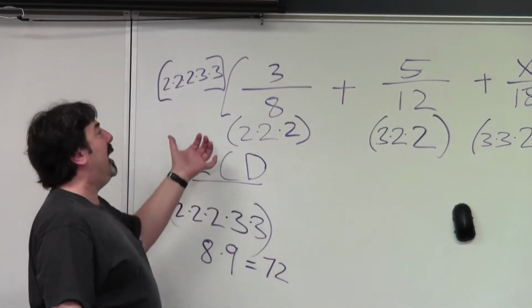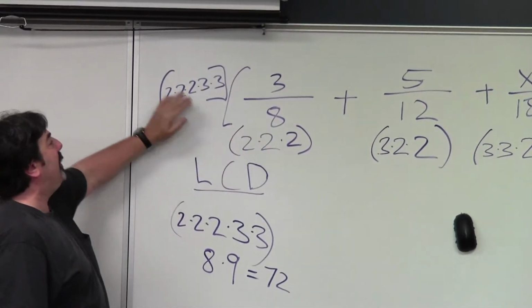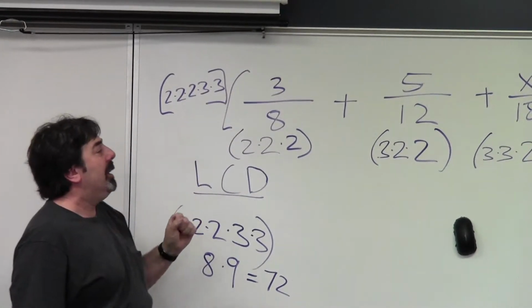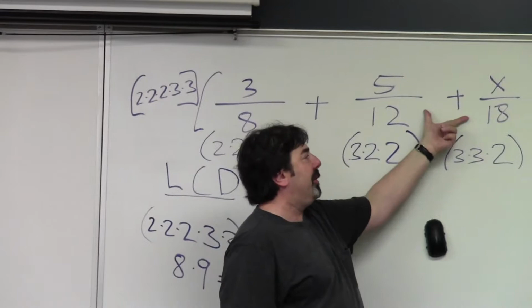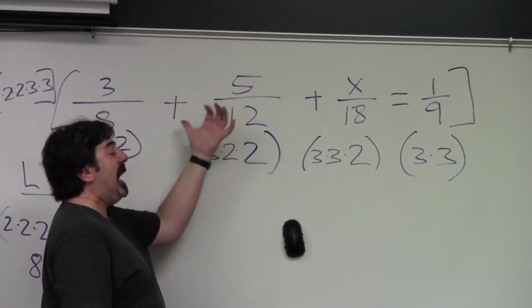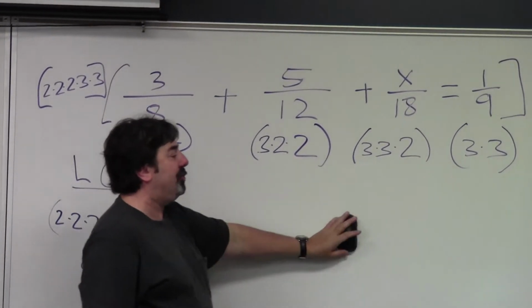When we multiply each term, we're going to see what cancels, and whatever doesn't cancel, we're going to multiply times the numerator. Now, in between each problem, whatever operator appears, either a plus sign or an equal sign, we'll bring down.